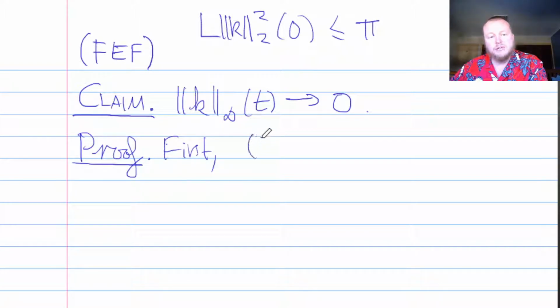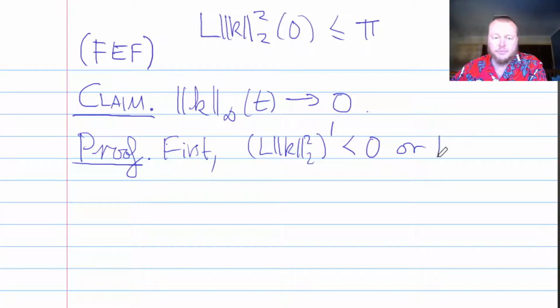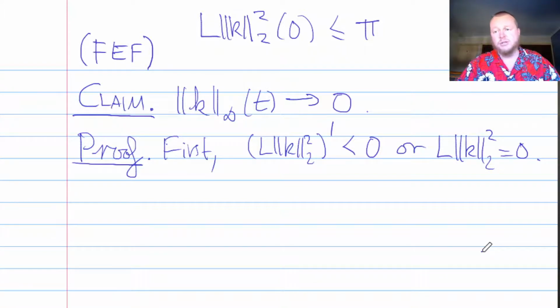First thing to note is that this quantity is either strictly decreasing or 0. Why is this true? I'm not going to write down the argument for this because it's an elastica argument.